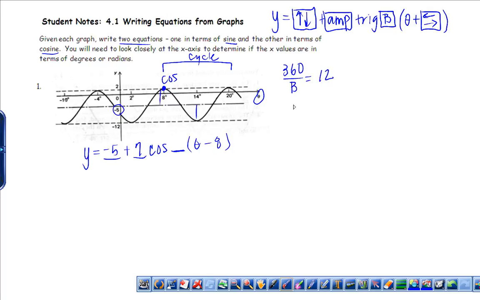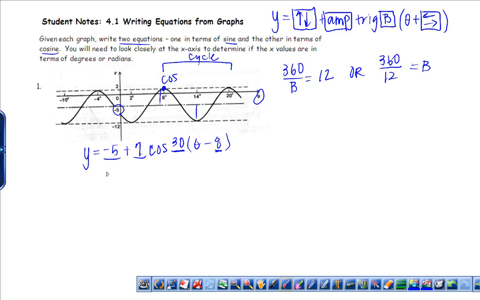You can just switch these two, and it's exactly the same, and that's what I'm going to do. So I'm going to say 360 over 12, and that's going to give you your b value, which is going to be so much easier. So that b value is 30. So there's my blanks filled in.